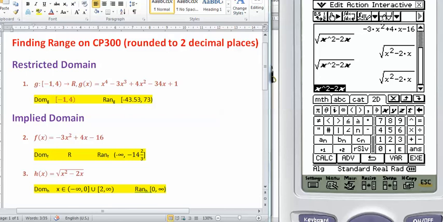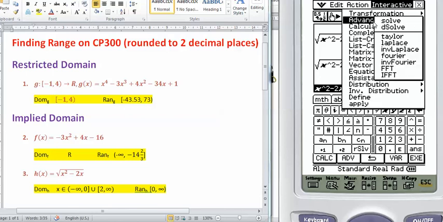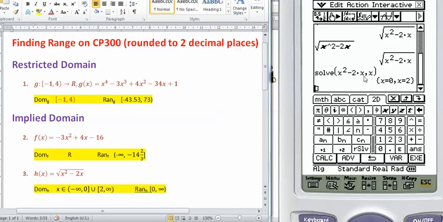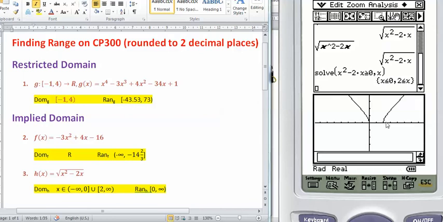I'm going to select it, Interactive, Advanced, Solve, solve for when it is greater than or equal to 0, solve for x, and I'm told that x has to be less than or equal to 0, so therefore from minus infinity to 0, or when x is greater than or equal to 2, so when x goes from 2 to infinity. So the solving gave me the same two sets of x values, and there you have it.